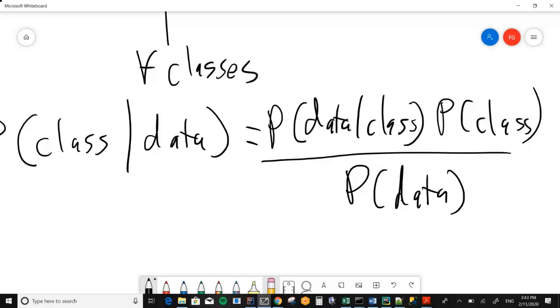In other words, if a particular class is rare, then that causes this value to be smaller. If a particular class is common, it causes the value to be bigger. This value turns out to be irrelevant because when we're trying to classify, we know what the data is. This value then is effectively 1. So we don't need it.